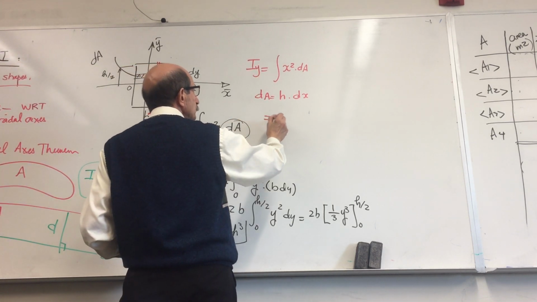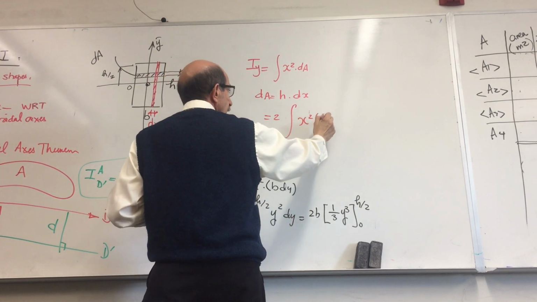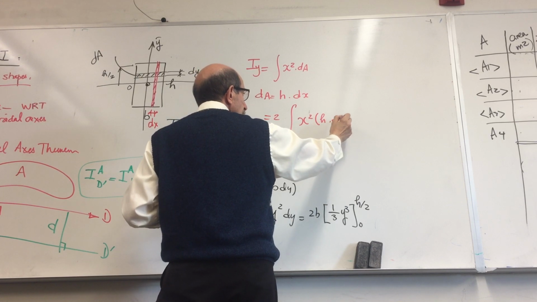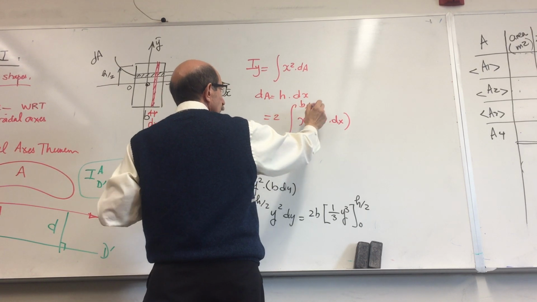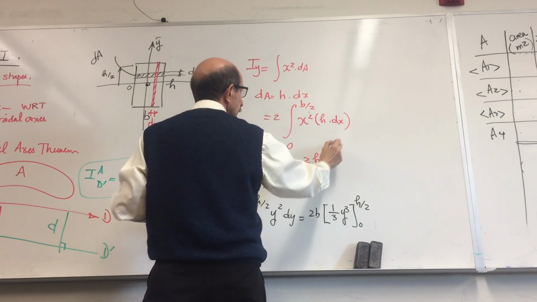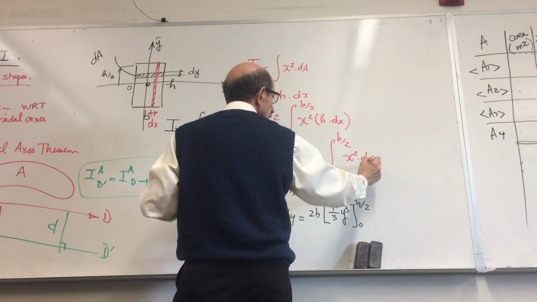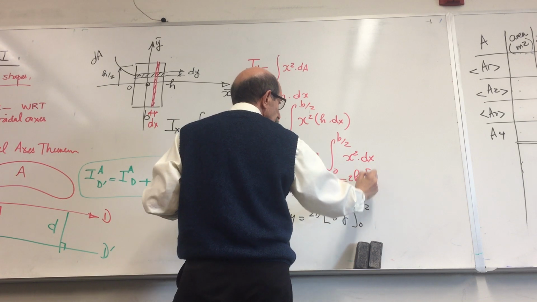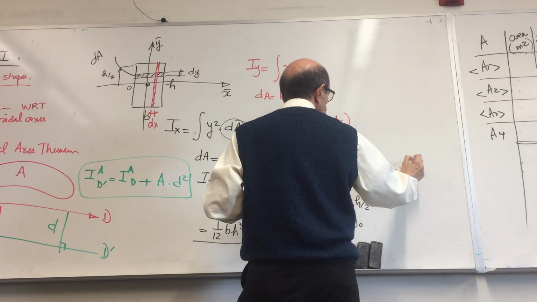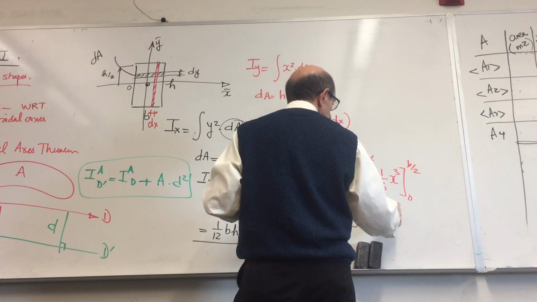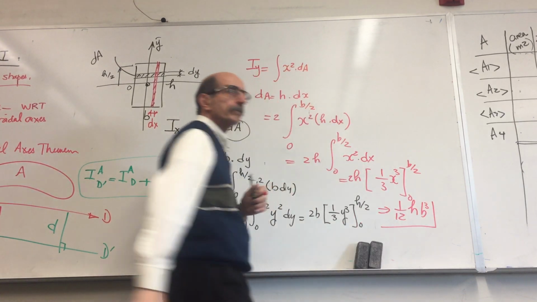So that would be twice the integral of x squared times h dx, going from 0 to b over 2, or 2h times the integral from 0 to b over 2 of x squared dx, or 2h times 1/3 x cubed from 0 to b over 2. You'll see you get 1/12 h b cubed.